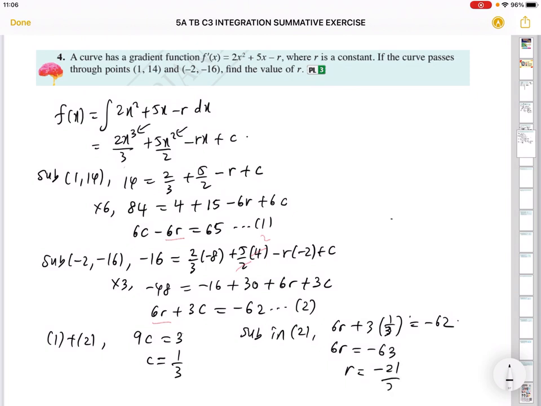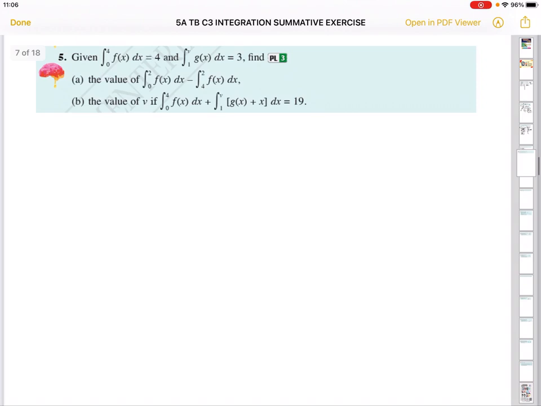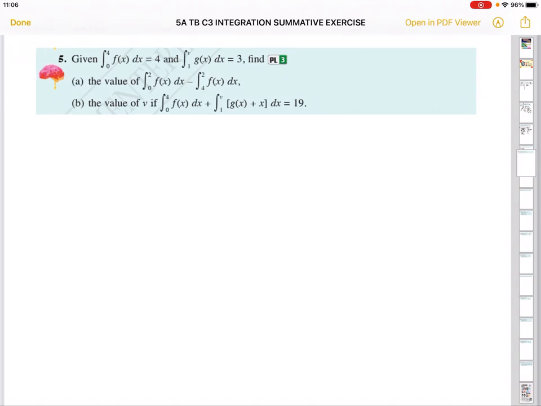Okay, not that difficult. All right. Okay, let's look at number 5. Question 5 here. So we have two integrals here. You're supposed to find the value of the integral from 0 to 2 of f(x) dx minus the integral from 4 to 2 of f(x) dx. Okay, here we can use what we call the laws of definite integral.